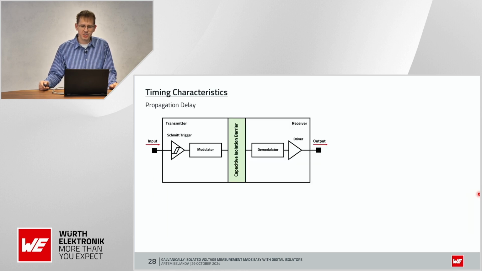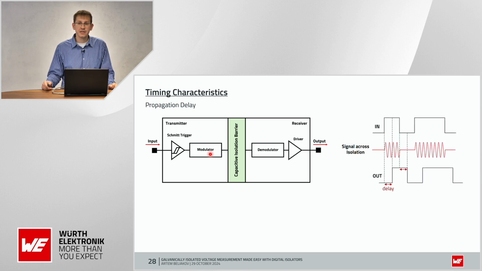The internal structure of Würth Elektronik capacitive digital isolators is shown on this slide. Digital isolators transmit signals across an isolation barrier, and this is achieved by using a modulator to transmit a high-frequency signal through the isolation. You can see the high-frequency modulator here. Propagation delay is the time it takes for a digital signal to pass through the internal structure of a digital isolator from input to output.